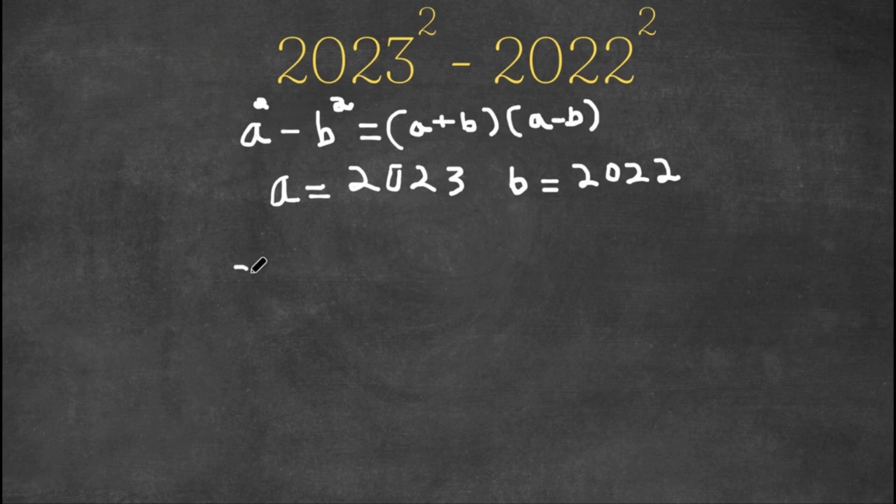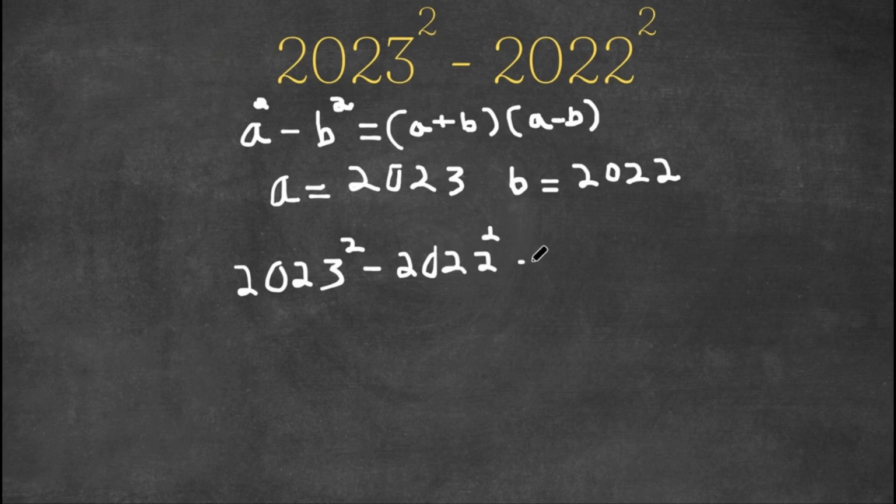Well, a is 2023, so we have 2023 squared minus 2022 squared is equal to a is 2023, so 2023 plus b is 2022. So 2023 plus 2022 times 2023 minus 2022, because a minus b.